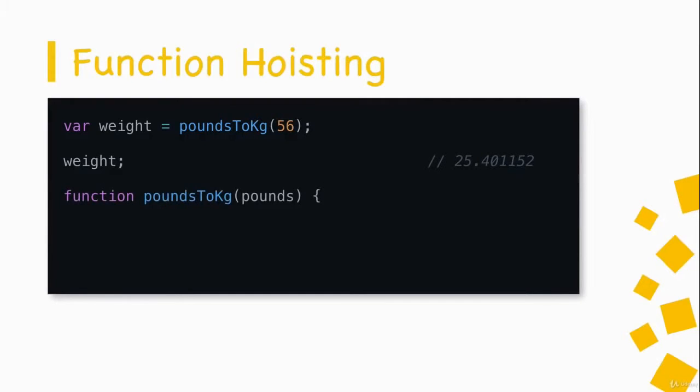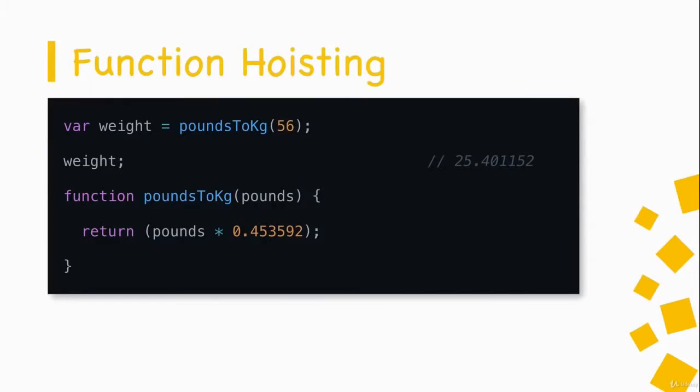So function pounds to kg, with pounds as a parameter, and then we're returning pounds into 0.453592. Because we're declaring this function eventually, this whole function declaration is hoisted to the very top. So when we refer to that function, variable weight equals pounds to kg 56, then when that code is executed, this pounds to kg function is already available because the whole function declaration has been hoisted to the top.